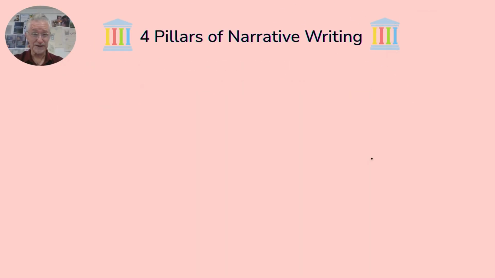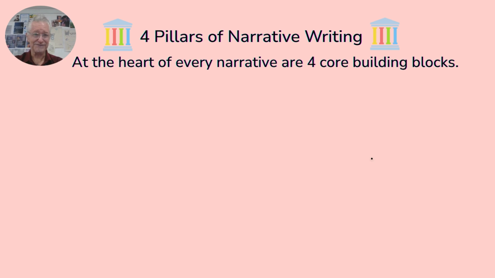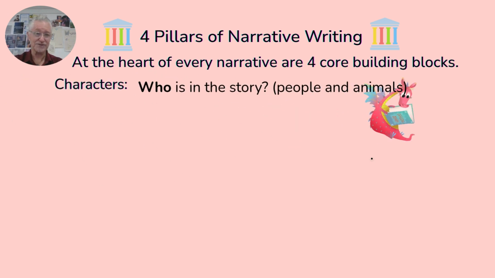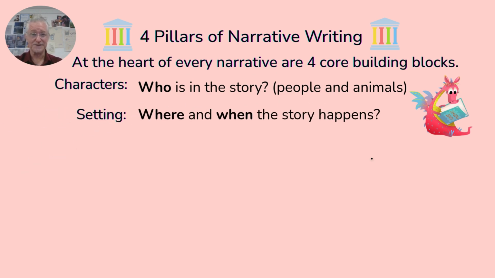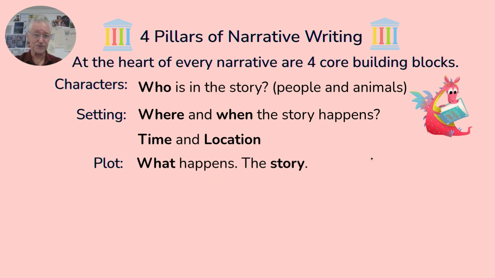So there are 4 pillars of narrative writing. At the heart of every narrative, there are 4 core building blocks. These are the characters, the people and animals, whoever's in the story; the setting, where and when the story happens, so the time and location; the plot, what happens, the actual story.